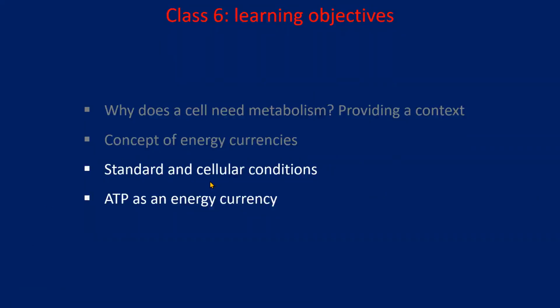Now I'm going to talk about the next objective, that is standard and cellular conditions. When you think about metabolism, you think about the hydrolysis or this whole process. How do we account for it, and from the thermodynamics point of view, how do we understand it?